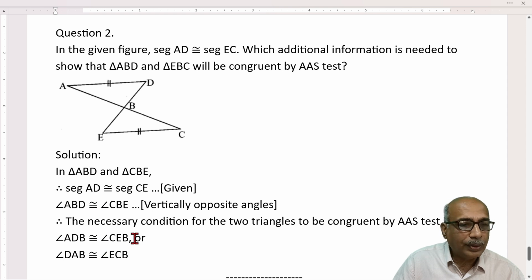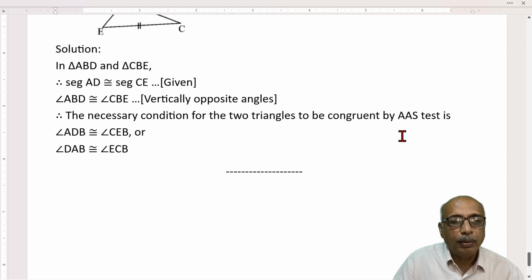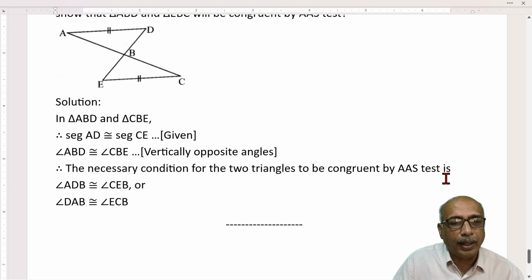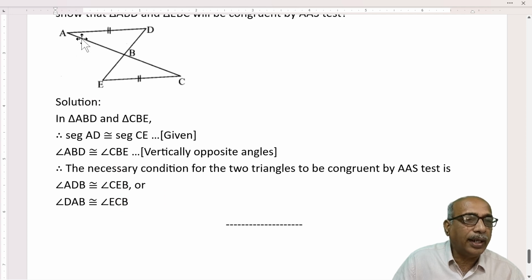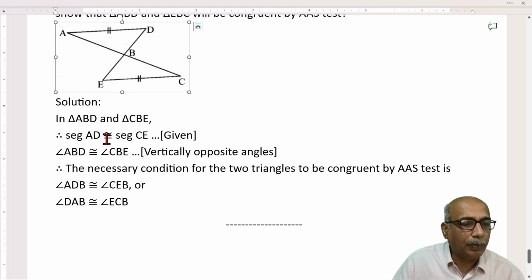Therefore, the necessary condition for the two triangles to be congruent by AAS test is either angle ADB congruent to angle CEB, means this angle and this angle must be congruent, or angle DAB, this angle, and ECB, this angle.